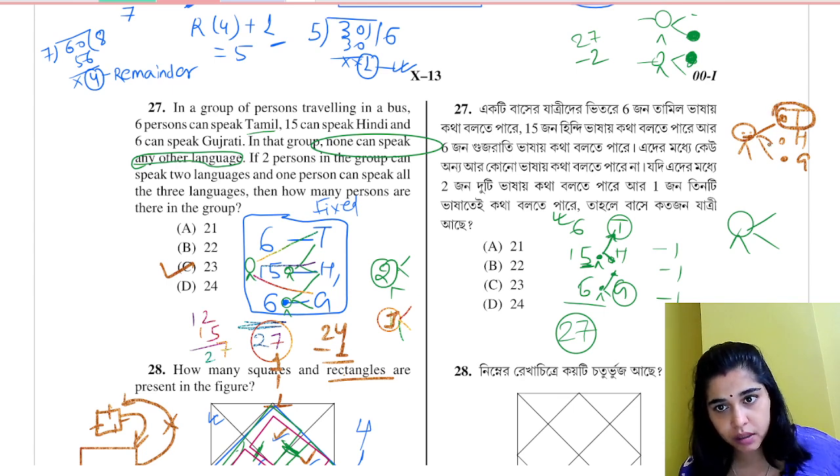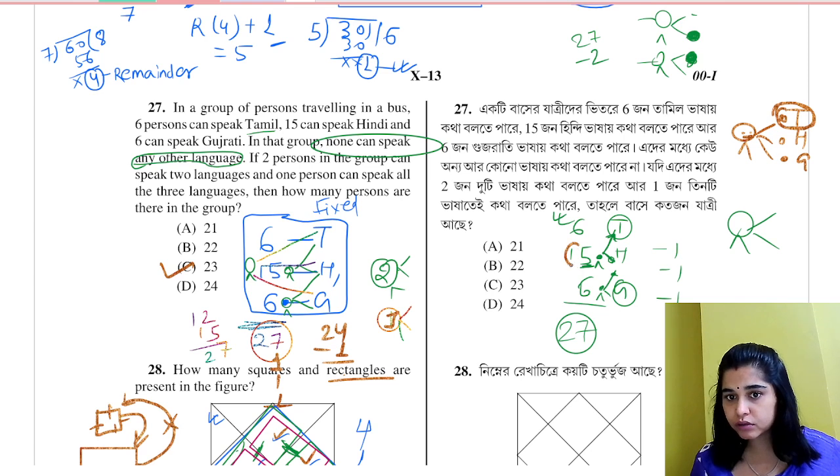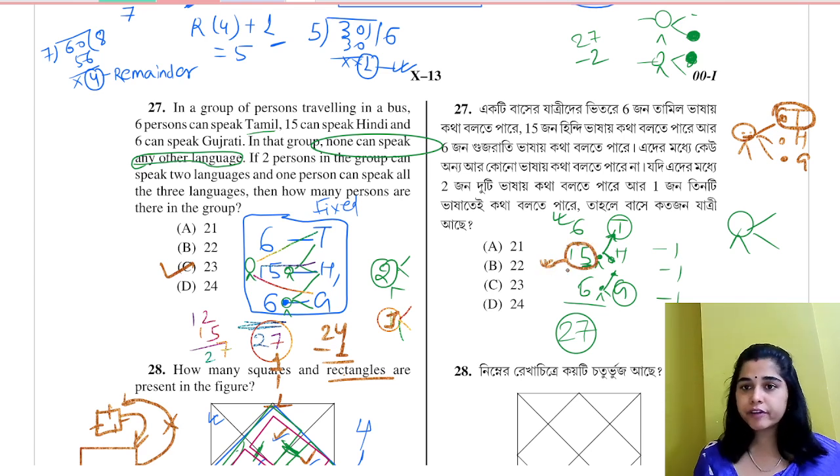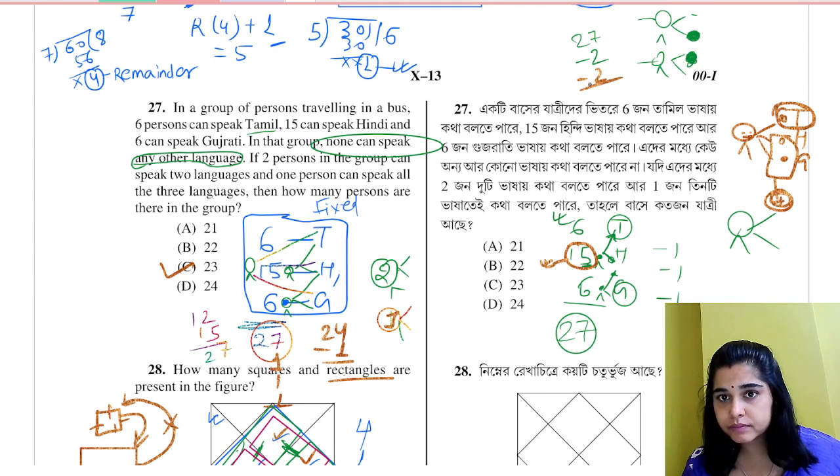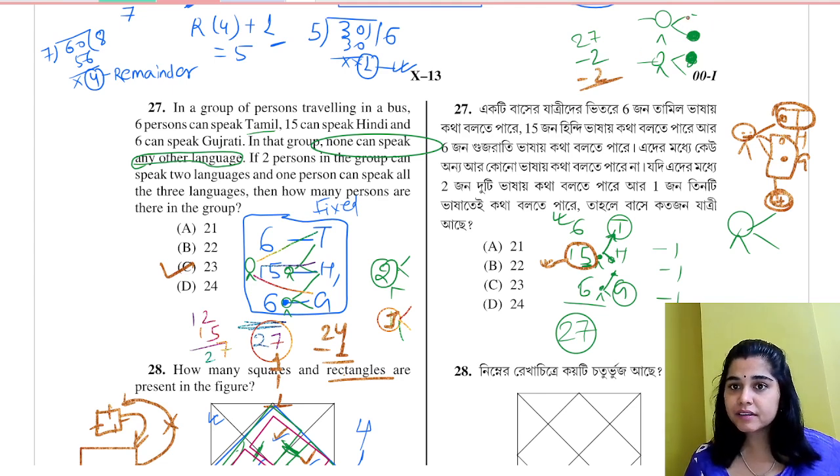As you know Tamil, you are included in 15. You are included in this. But what about these two? These are extra. So minus them. Similar way, 2 is included.